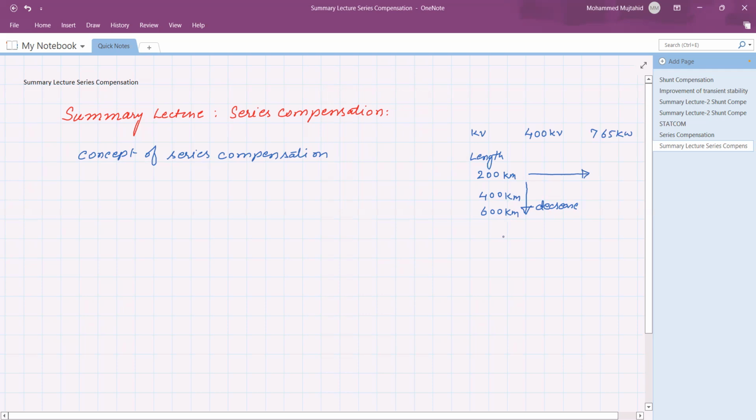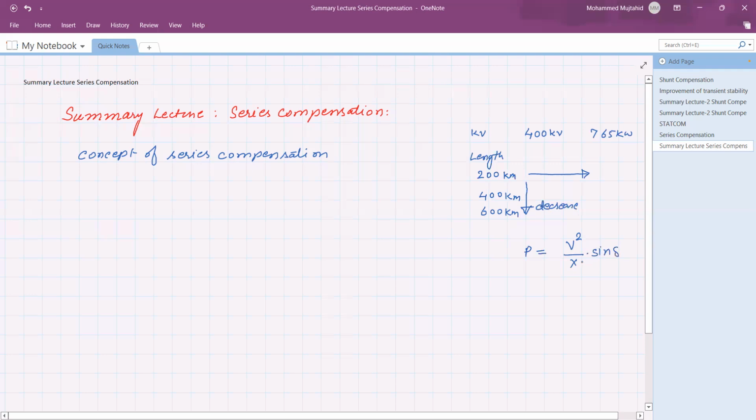It is because the power handling capacity of the transmission line P, given that the sending end voltage and receiving end voltage are the same in magnitude, is V square upon X into sine delta, where X is the reactance of the transmission line.